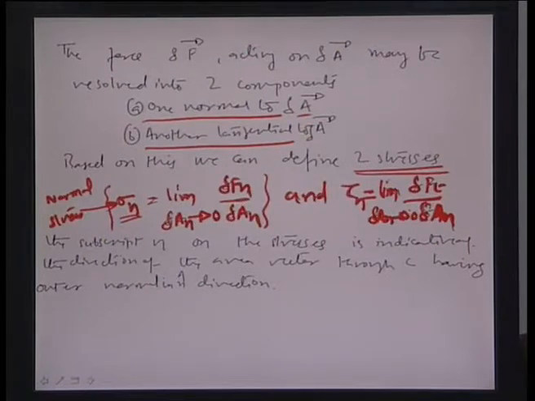So, we have a stress due to the normal force parallel to the area vector, and a stress due to the tangential force perpendicular to the area vector, causing the normal stress and the shear stresses. So, this essentially is how you define normal and shear stress in such a situation.